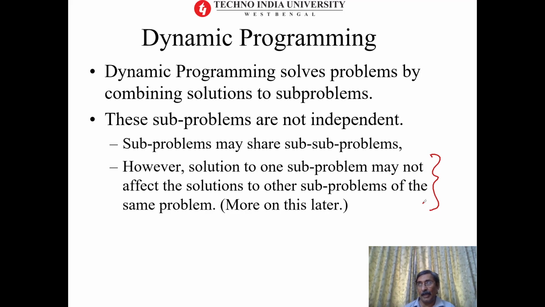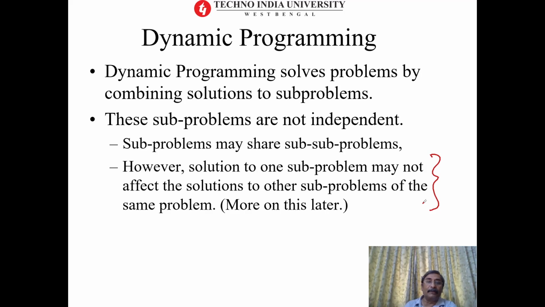But today we assume that if the subproblems are shared and they do not interfere with each other, then we can combine the already obtained results of the subproblems to get to the solution of the overall problem, and then slowly I go to the solution of the entire problem.